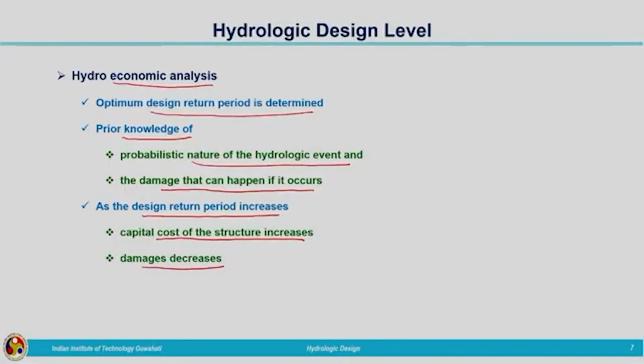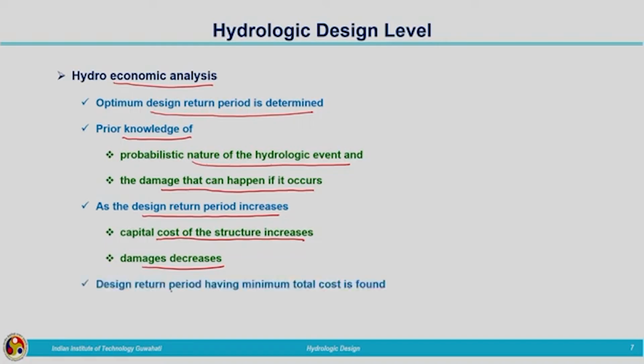But if we are considering that value of return period, the capital cost incurred while constructing the structure will be very high. If you are constructing a structure with high capital cost, the damages will be decreasing. As the capital cost increases, the stability of the structure will be high, but at the same time the damages will be decreasing. That is what we actually want. But always we won't be able to invest that much capital cost.